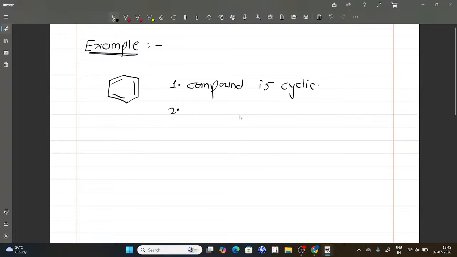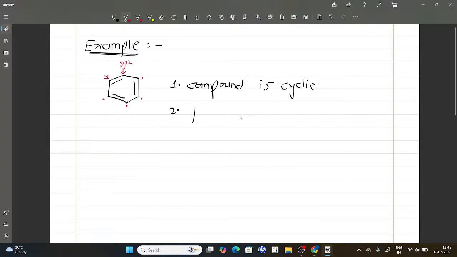Okay. Now the second condition, our compound must be planar. For the planarity, the carbon-carbon double bonded carbon is sp2 hybridized. Okay, so if you look towards this carbon, this is a double bonded carbon. That's why it is sp2 hybridized. This is also sp2 hybridized. This is also sp2 because it is a carbon-carbon double bond.